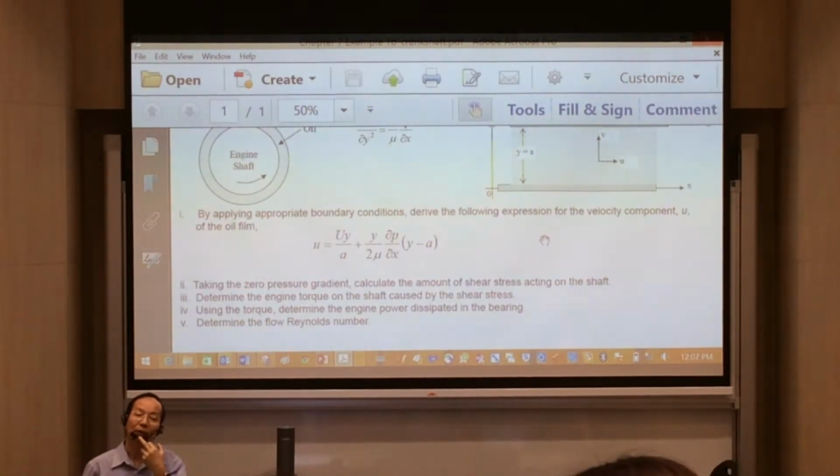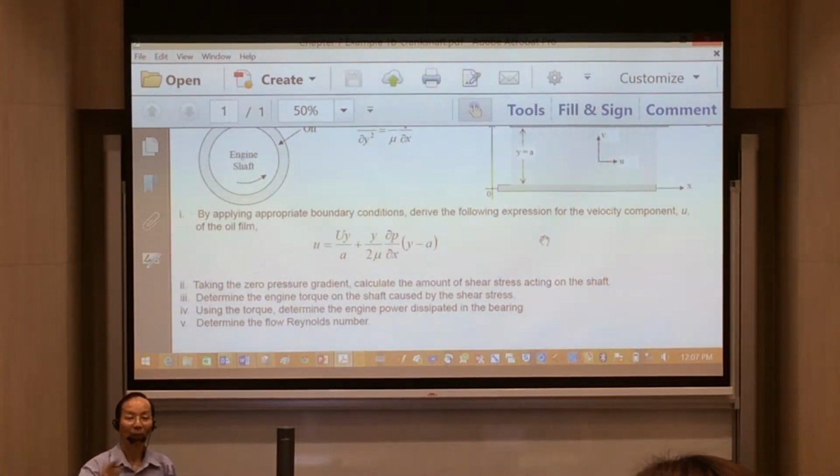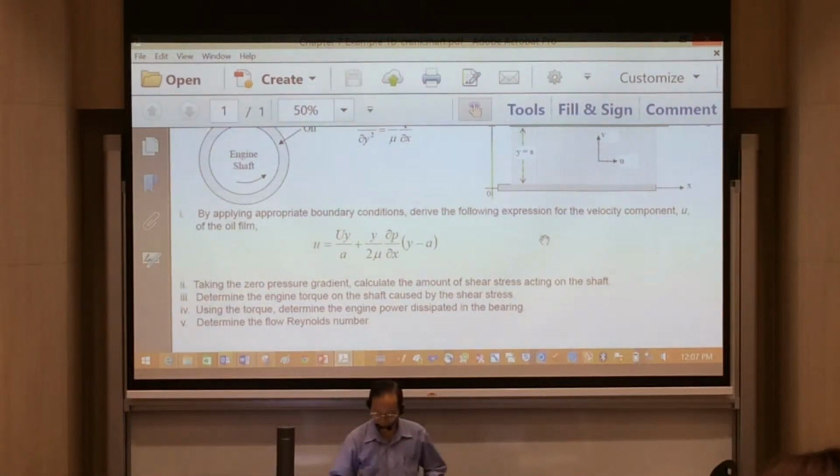Power is equal to the torque times omega, the angular velocity. And finally, determine the Reynolds number.